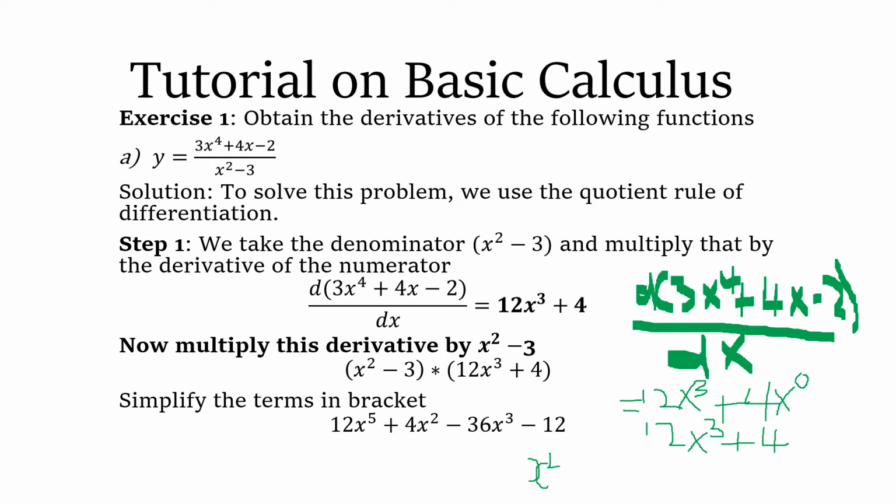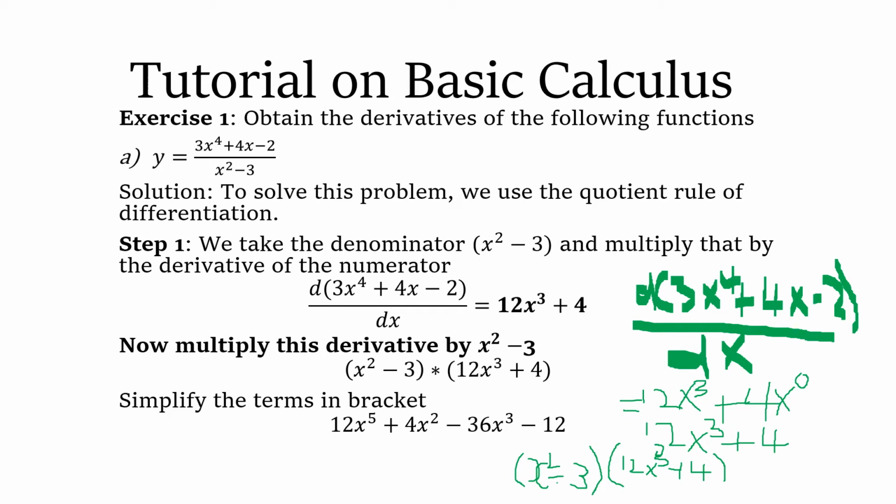We have to put everything in brackets here: x squared minus 3, multiplied by 12x to the power 3 plus 4. There you go.